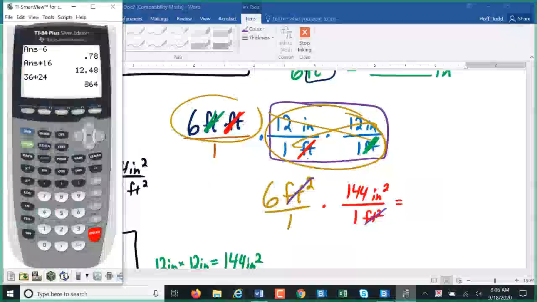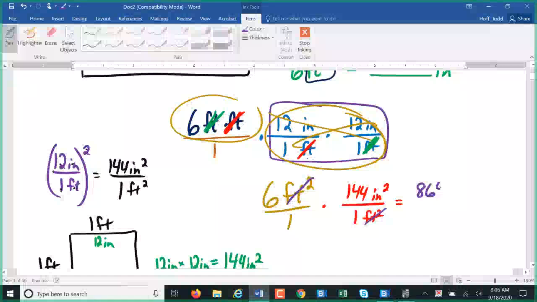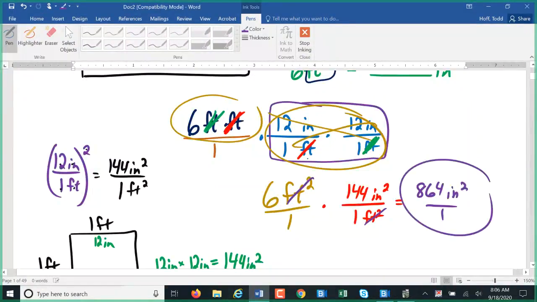I have 6 times 144, which does give us that 864 square inches. It's 864 square inches over 1, which is just 864 square inches. So our conversion factors with our square units are not the same as our linear conversion factors. They come from them, but they are the square of those linear conversion factors.